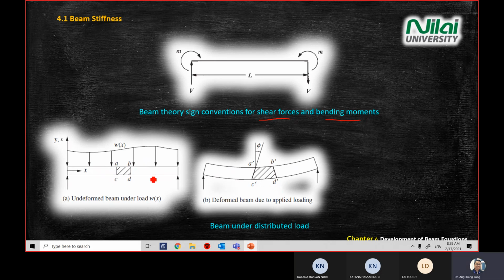From here you can see that CD has changed to C prime, D prime, and the length is elongated.